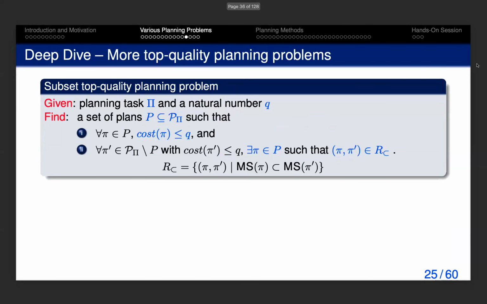Okay, let's go on. There was another computational problem that I was mentioning, the so-called subset top quality planning problem, which is actually not defined in terms of an equivalence relation. In this planning problem, the intention was to find plans such that if you have two plans and one of them is a superset of the other one, you actually don't care about the superset, right?